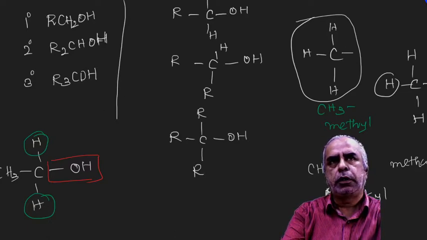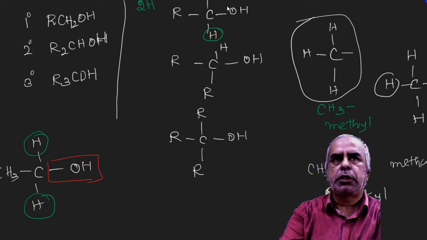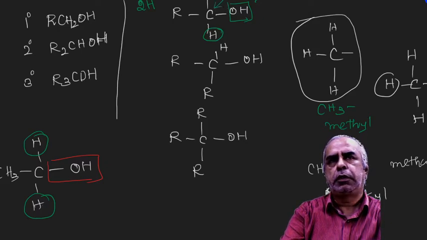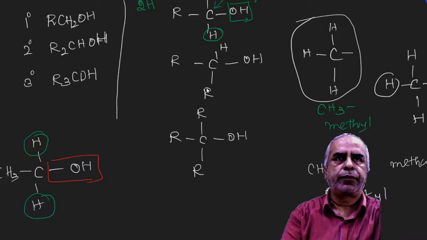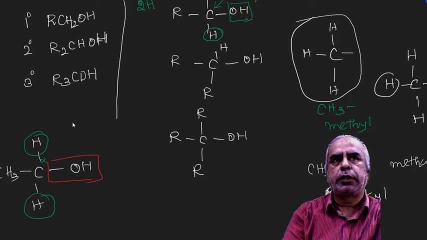Look at it, you have two hydrogens in the alpha carbon atom. The alpha carbon atom is the carbon atom attached immediately to the functional group. It contains two hydrogens, so it is primary. Are you able to follow?